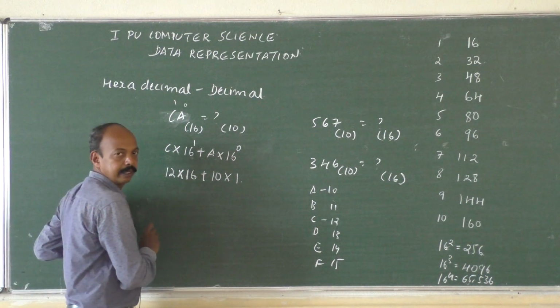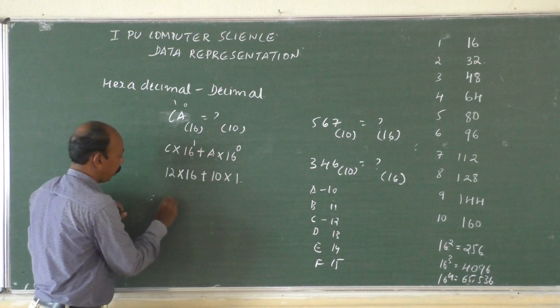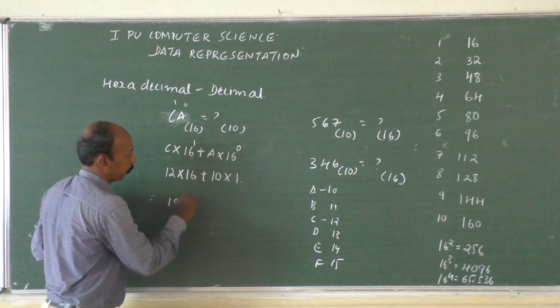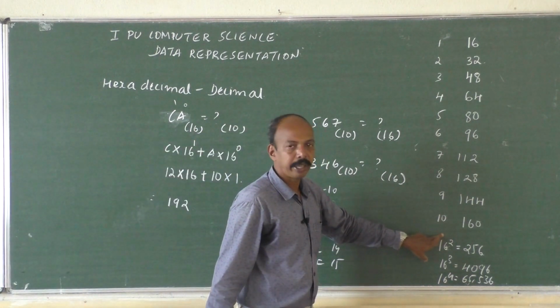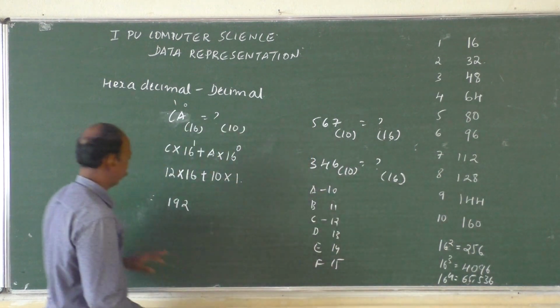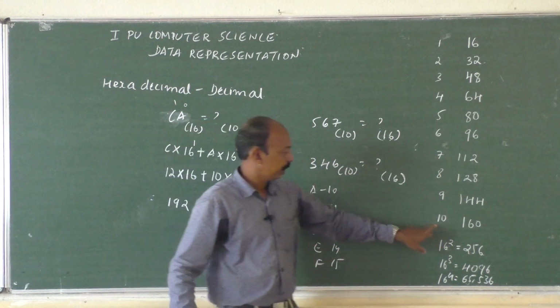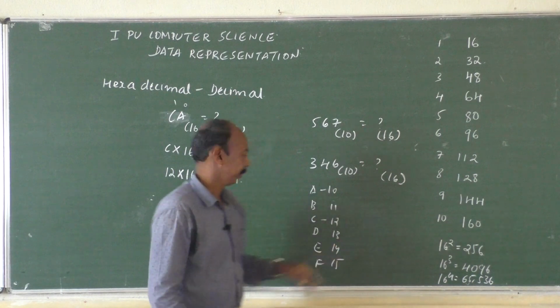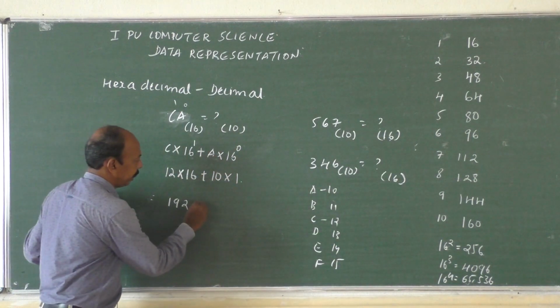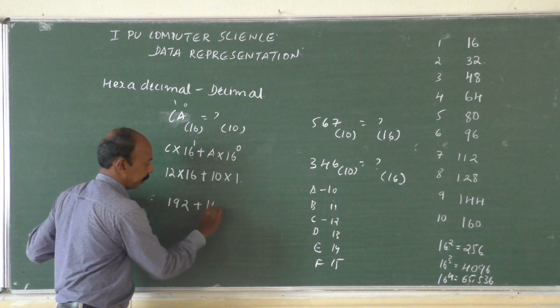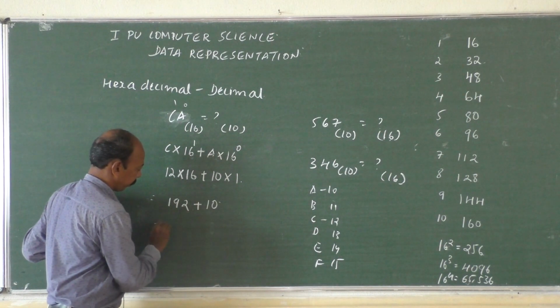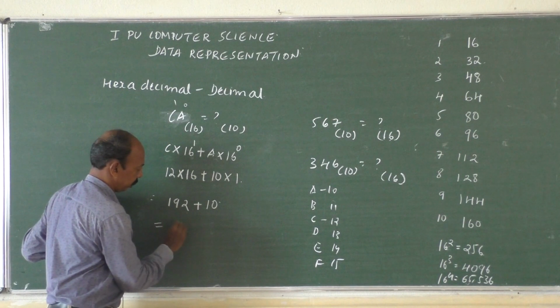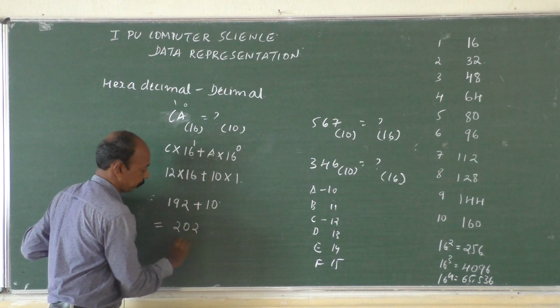That will be 192. Plus 10 into 1 is 10. Add it up. How much will you get? 202.